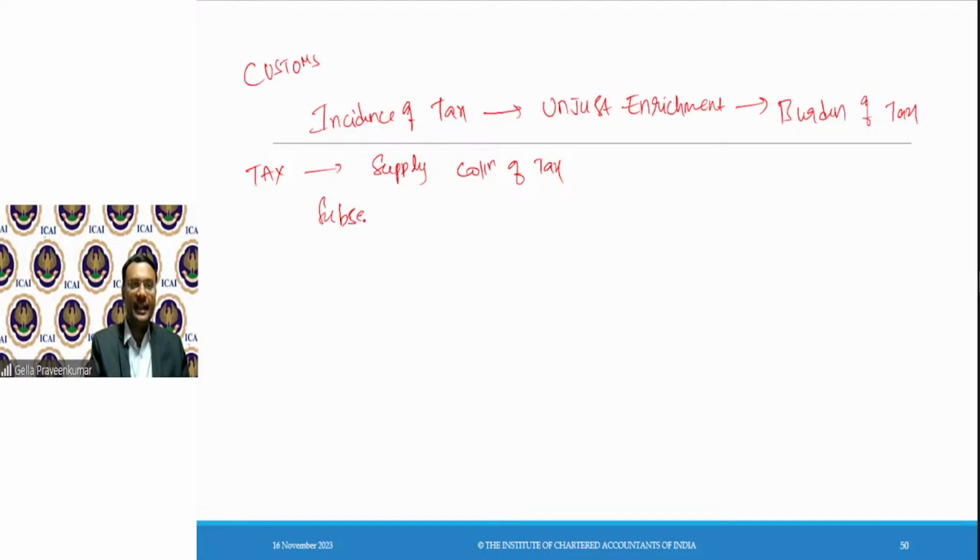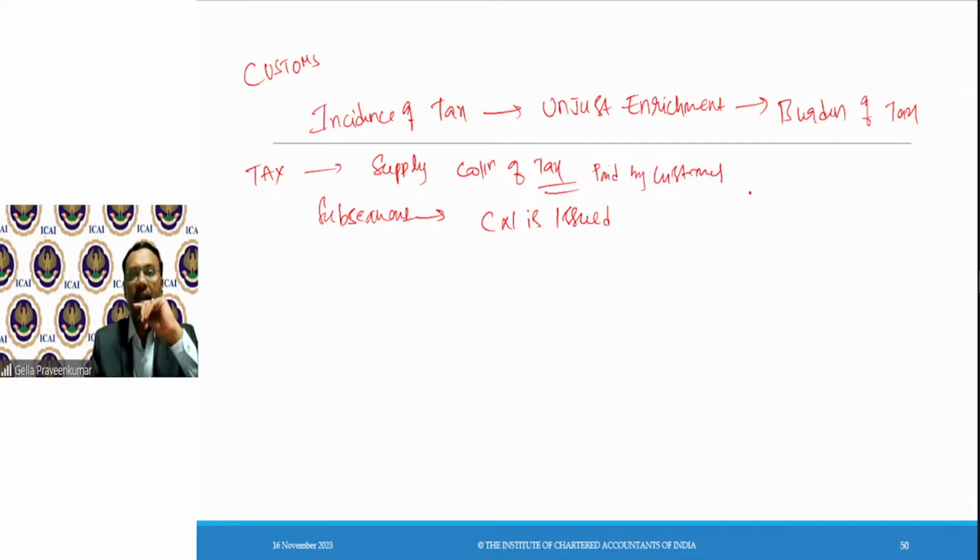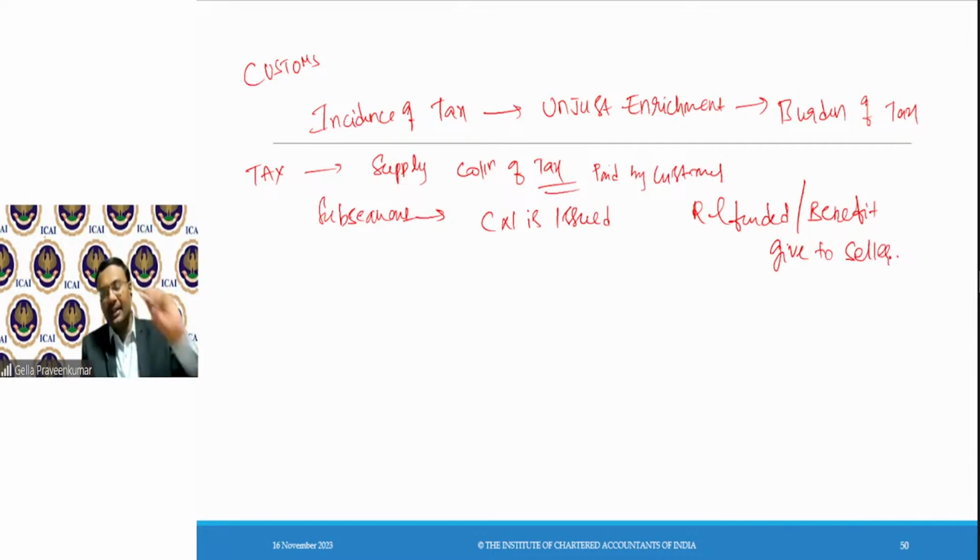Subsequently, when a credit note is issued, they say that this tax, which was paid by the customer, will not be refunded or benefit given to the seller. This is what they say. Let's take one live example where we come across this incidence of tax sort of thing.